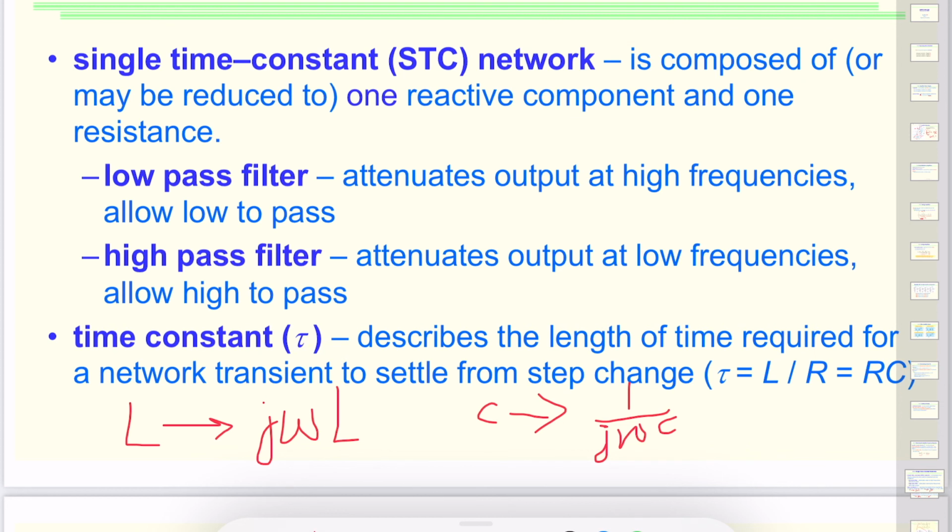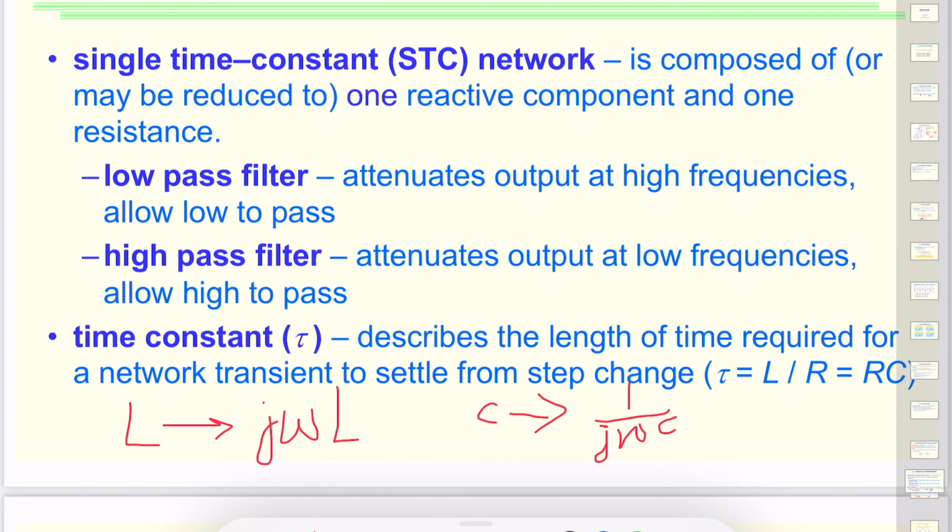And having them in a circuit brings up another concept which is called time constant. That's the length of time required for a network transient to settle from any step change. And it's L over R in case of an inductive reactance, and it is RC in case of a capacitive reactance.